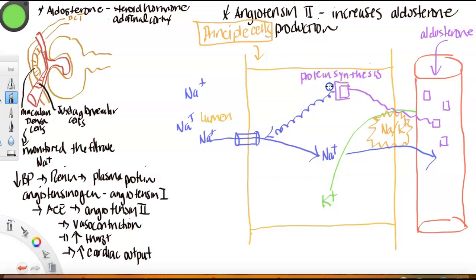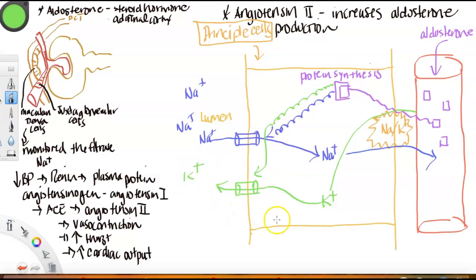Well, guess what the cell also makes? It also makes channels for potassium. So now potassium is going to leave the cell and go into the filtrate.